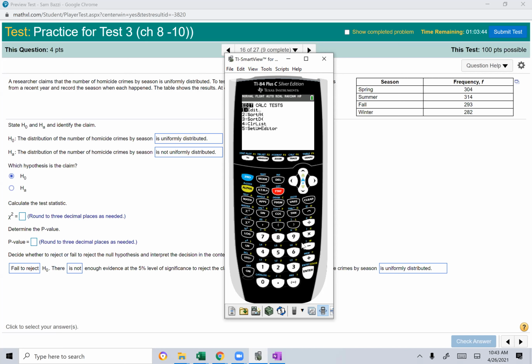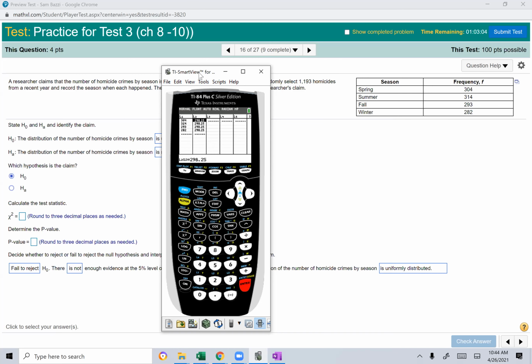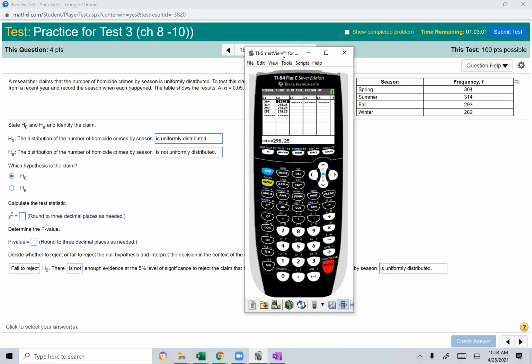So this is what you do here. You just take the 1,193, and how many categories do you have here? You have 1, 2, 3, 4, so just divide by 4. And the expected values will be exactly the same. If you divide 1193 by 4, you get 298.25. You just put 298.25 everywhere. Okay? Okay, thank you. So that's how you do it.